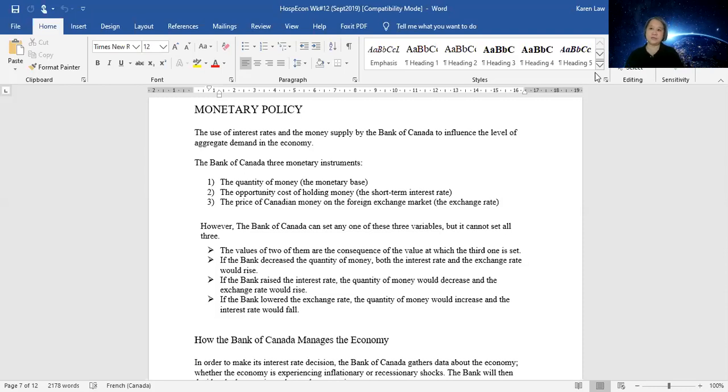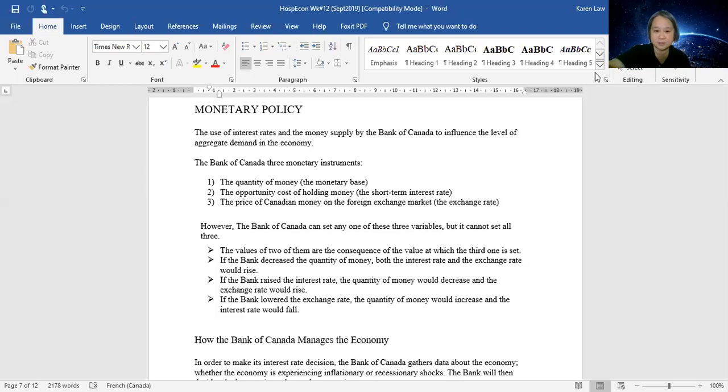So the causal relationship that I explained is the Bank of Canada will change the money supply, which will then change interest rates. But the way it actually works is they change interest rate first, and then they play around with the money supply by buying and selling government securities in the open market, that will then in turn give you the interest rate change that they desired.